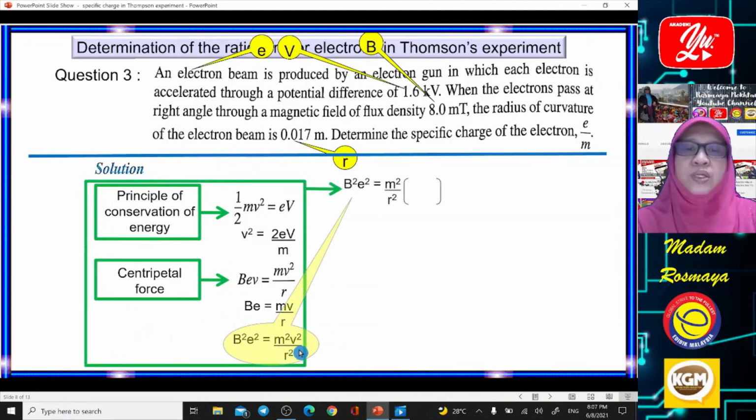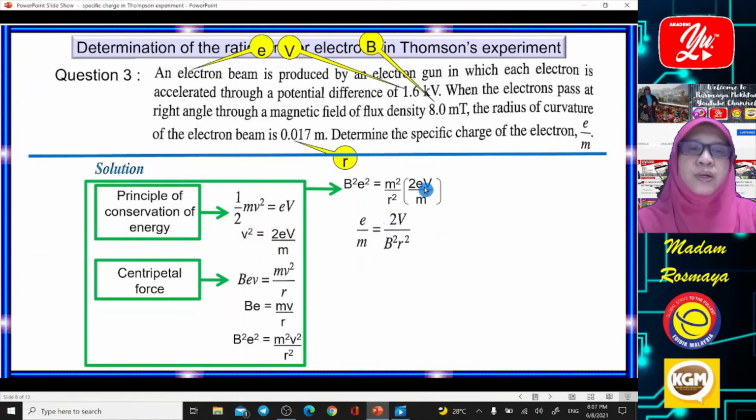Now we can substitute V squared into here. So we get this. Now we can simplify this to get e per m. So we get the ratio e to m, or specific charge, equals to 2V, potential difference, per B squared r squared.